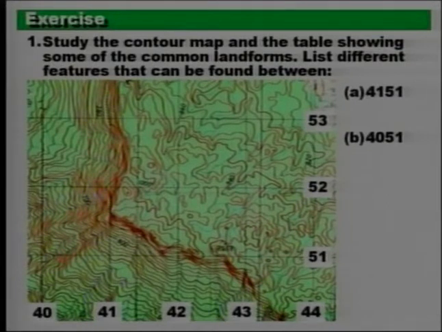Good. What else can you find in there? Are all the contours pointing uphill? Okay, so those that are pointing downhill, what would they be referred to as? No? The valley with a river is just the same as the valleys here. They are the same, only that this one has a river running through, and this one doesn't have any river running through.